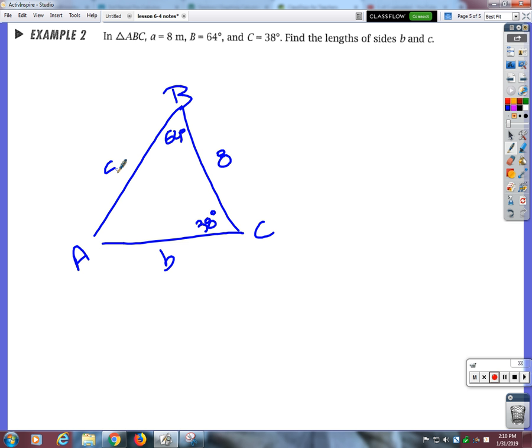Okay, so what's the missing angle? 78 again. Okay, so what do you want to do? Sine of 78.